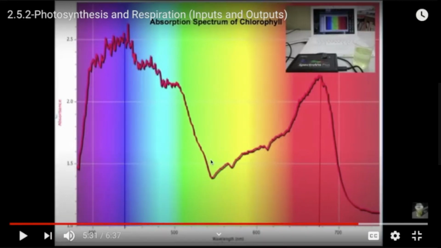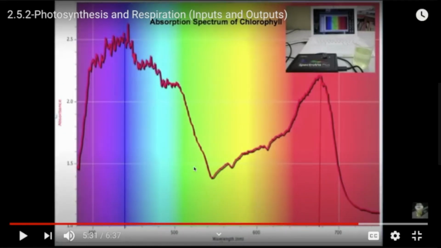And then it so happens, if you look at the beaker, it actually looks the same color as this area, doesn't it? That's why it looks like that, because the things that are in that beaker, they don't want that color of light. They reflect it to your eyes and you see that. But the colors that they want to use, and when I say they, I mean all of the algae really, it's a lot of photosynthetic algae that I have in that beaker, they've absorbed the red and the blue out of the white light, leaving us to see the green.